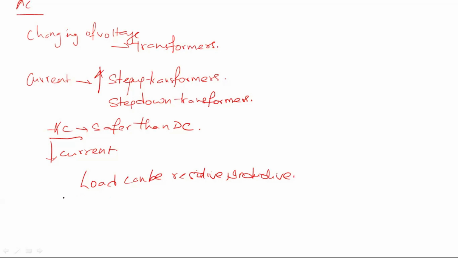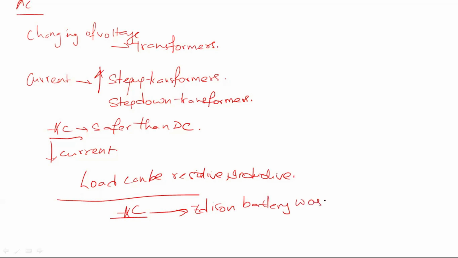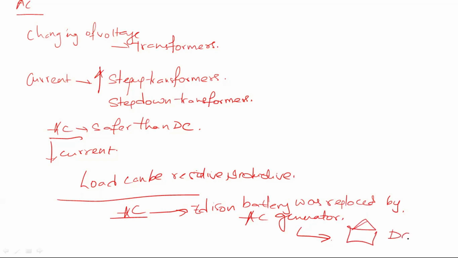This in turn produced alternating current. Later, Edison's battery system was replaced by the AC generators invented by George Westinghouse. The alternating current that reaches our home is converted into direct current by adapters.